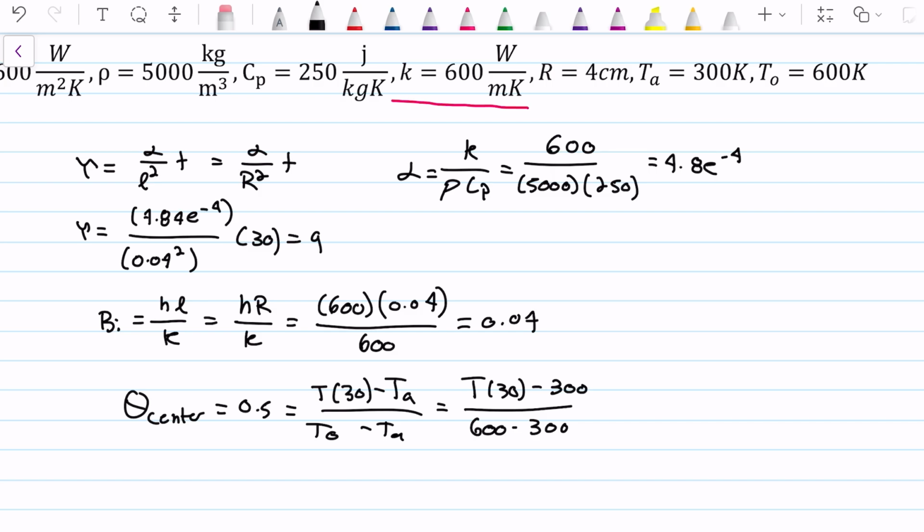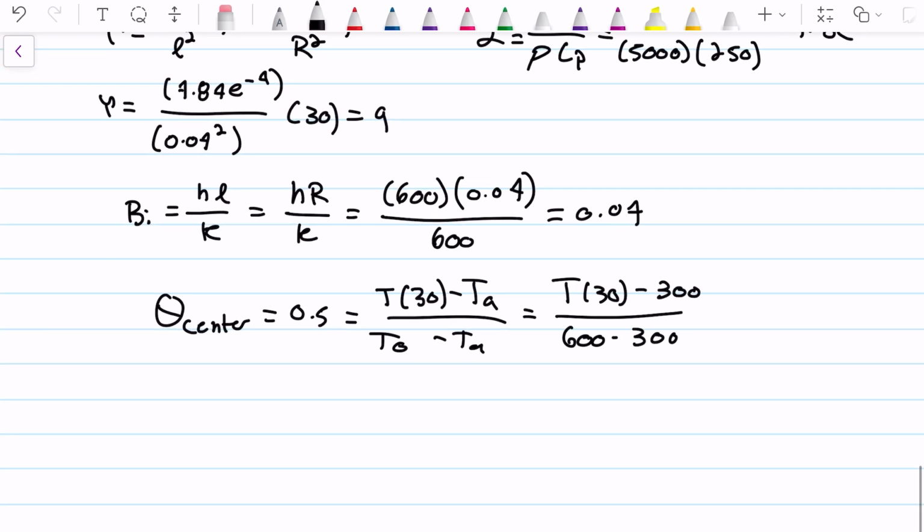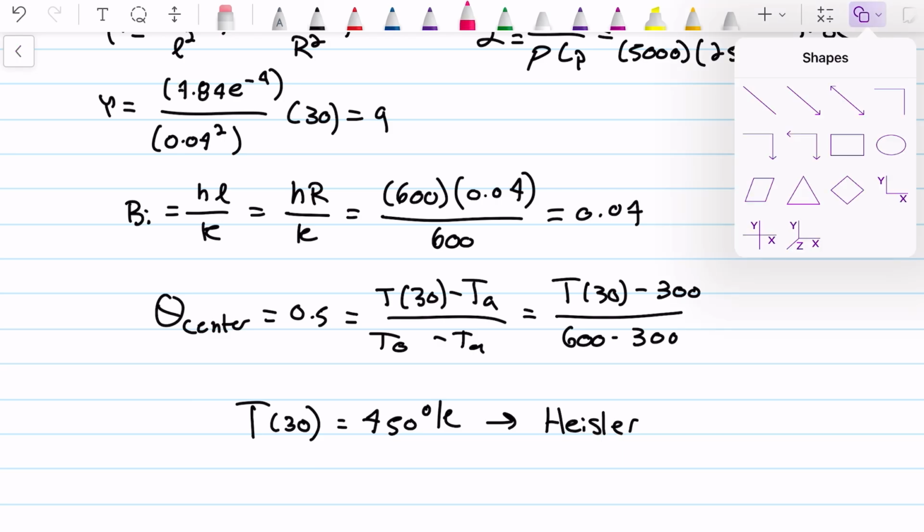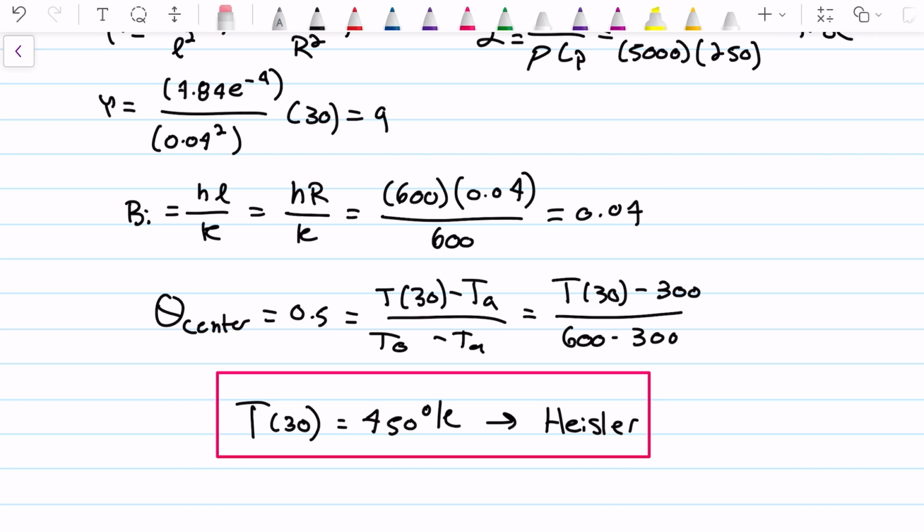So we take our 0.5, times it by 300, which is that denominator, add 300, and we get a result of about 450 degrees Kelvin from the Heisler chart method. Okay, so there's a result.